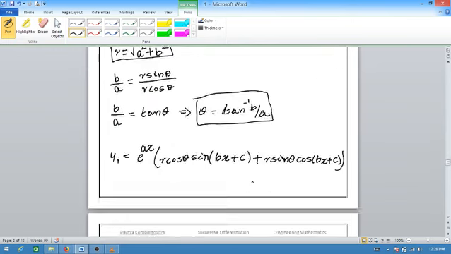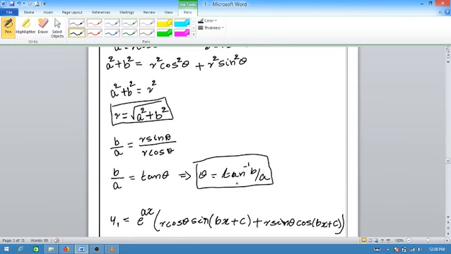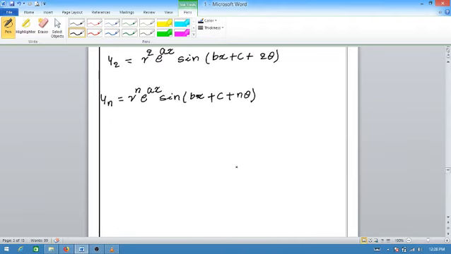What is r equal to? Root of a square plus b square. And theta is tan inverse of b by a. So substitute those values.